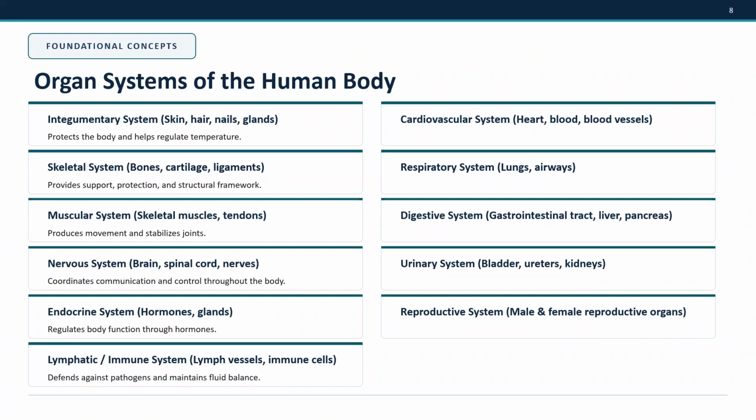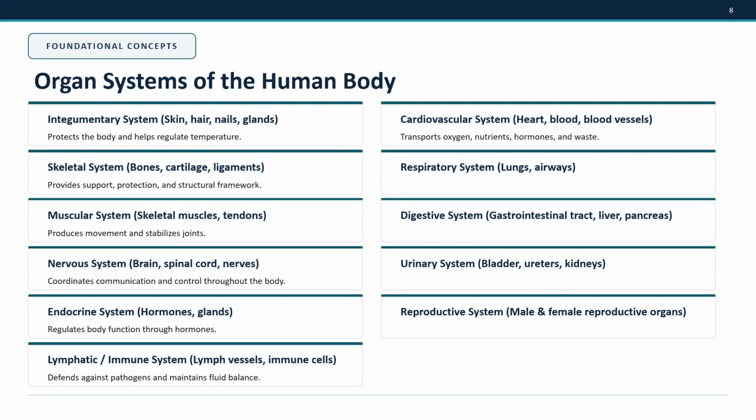Lymphatic and immune system made of the lymph vessels, lymph nodes, different immune cells, things like that. This is going to defend against pathogens and maintain fluid balance through Starling forces. We have the cardiovascular system, heart, blood, and blood vessels. This is going to transport oxygen, different nutrients, hormones, waste, etc. throughout the body.